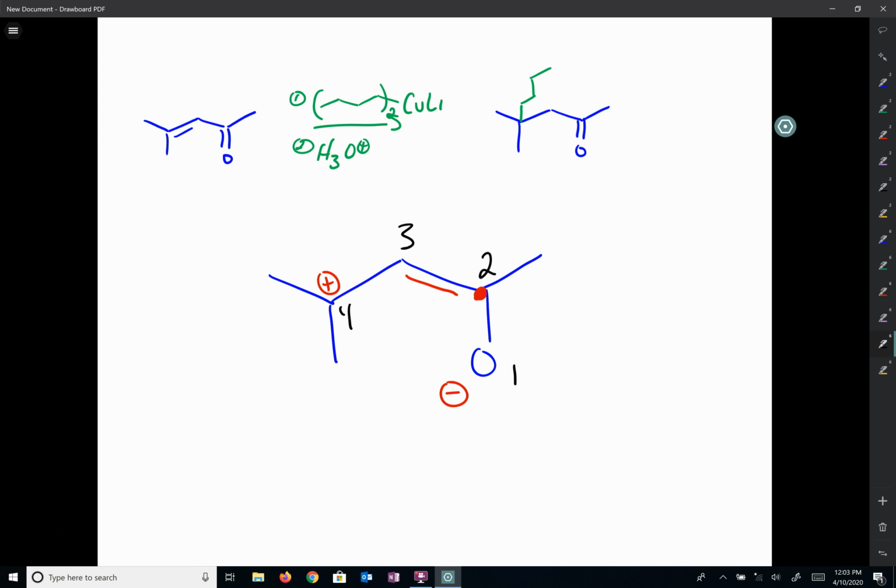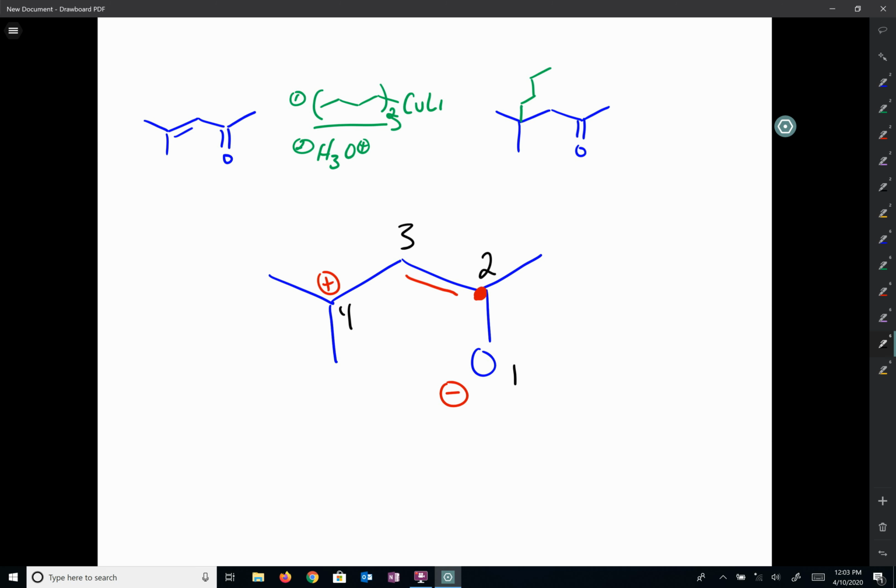The beta position. I go back to my other video where I told you guys what the alpha and the beta and all that kind of stuff is, right? So through resonance, I can also put a positive charge on that 4 position. And that is actually going to be what's going to dictate some of our reactivity here, okay?